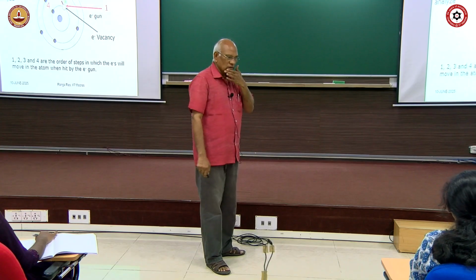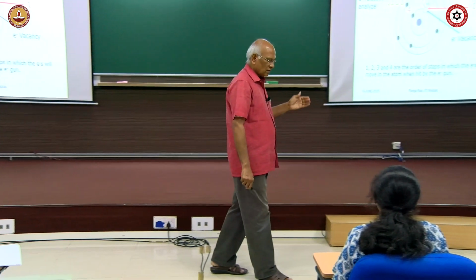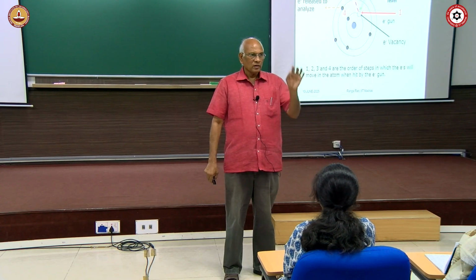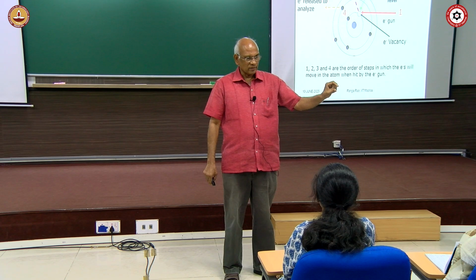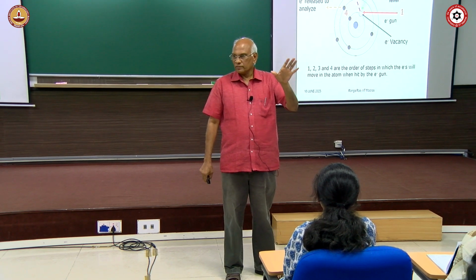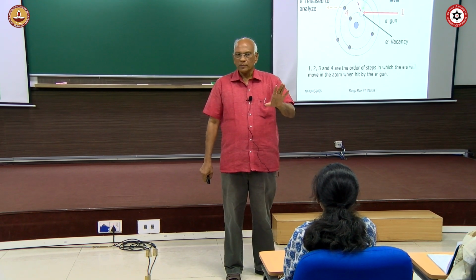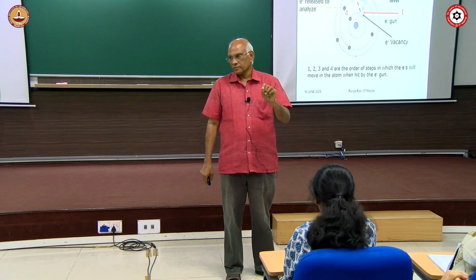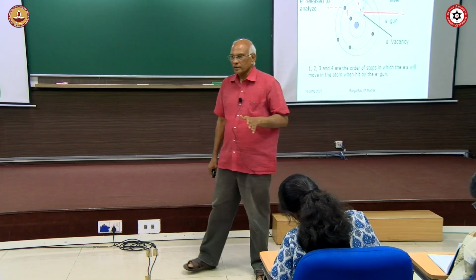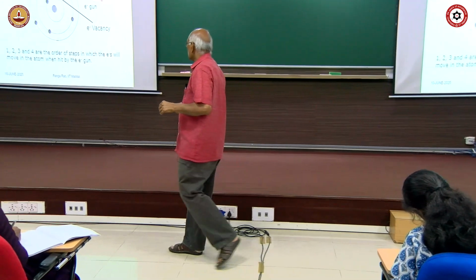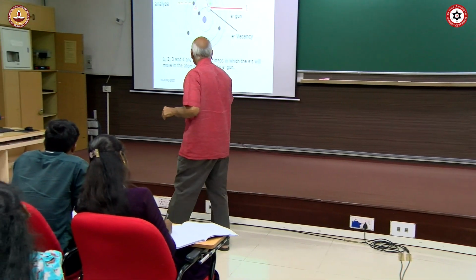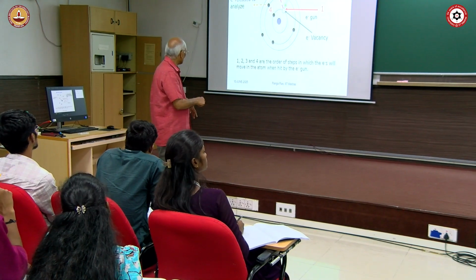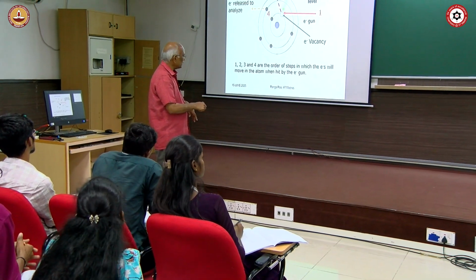So in Auger spectroscopy, of course, when you are recording X-ray photoemission spectra, you will also have Auger peaks there. But if you want to do only Auger spectroscopy, people don't use X-ray, they use an electron gun of a particular energy. That is the reason why steps 1, 2, 3, 4 are the order of steps in which the electrons will move in the atom when hit by the electron gun.